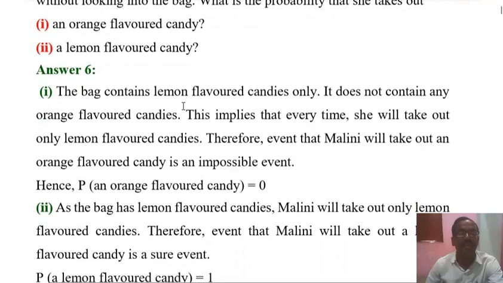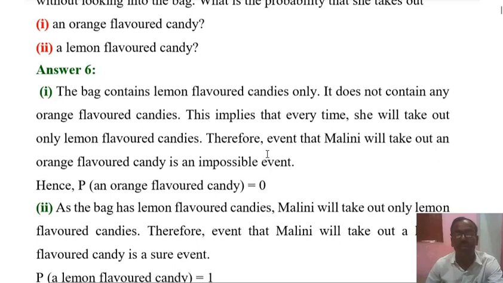The bag contains lemon flavored candies only. It does not contain any orange flavored candy. This implies that every time she will take out only lemon flavored candy. Therefore, event that Malini will take out an orange flavored candy is an impossible event. So for the impossible event, the probability will be 0.